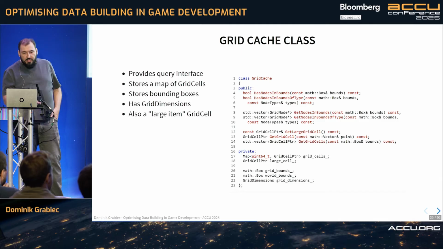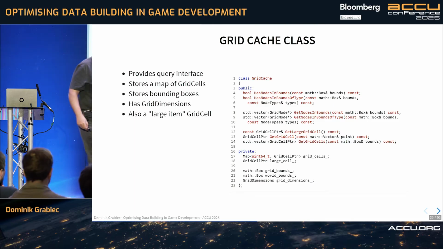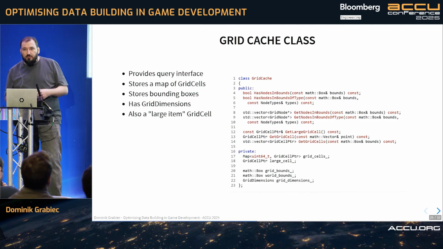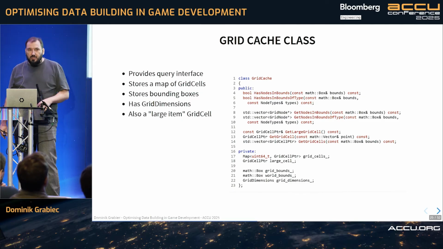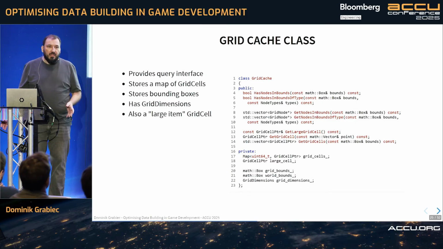The one key point here is you also want to have a large item cell, a specific cell separate from the regular part of the world for large items. That is because you will end up getting something like a light at the top of the world that has a bounding box that covers the entire map.